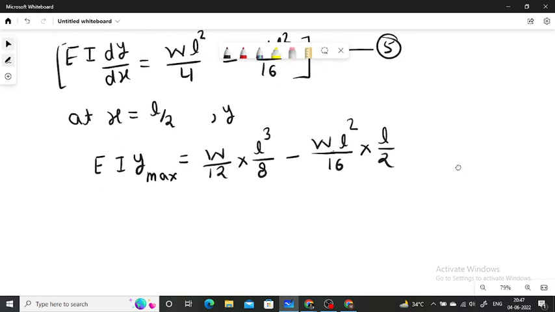Now solving this equation, WL cube can be common from this equation. 1 by 12 into 8 minus 1 by 16 into 2.